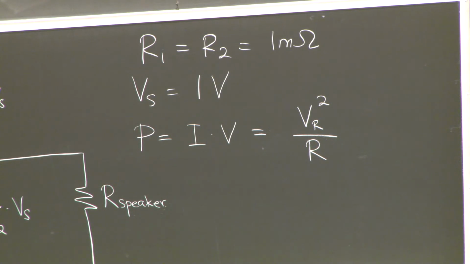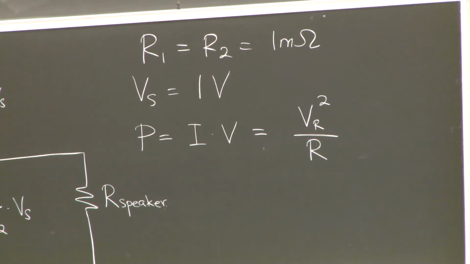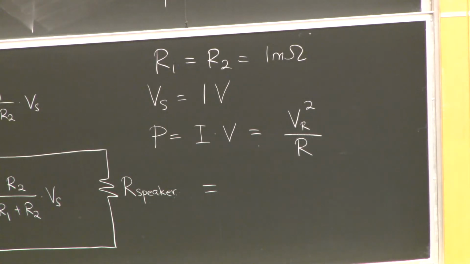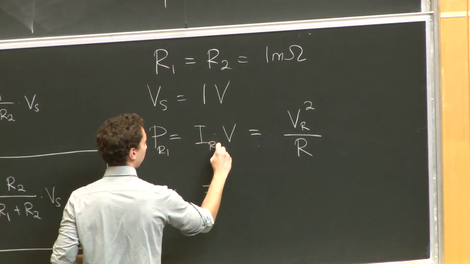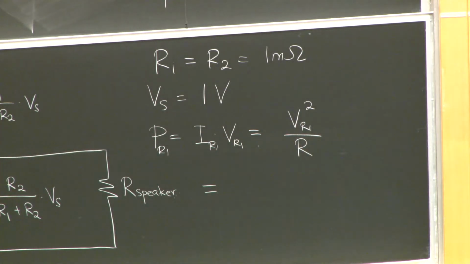Is this step that I just did clear to everybody? So in this circuit, for these numbers, what's the voltage across this resistor R1? I just want the power in this resistor. Just the voltage for now.